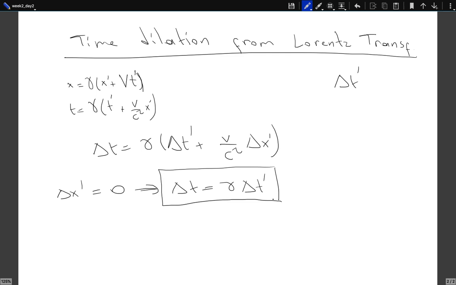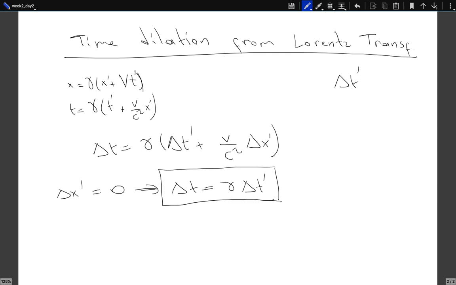So if the clock that is moving relative to me shows 1 second, delta t prime is 1 second, my time has passed more than 1 second because gamma is larger than 1. So we have the time dilation expression.